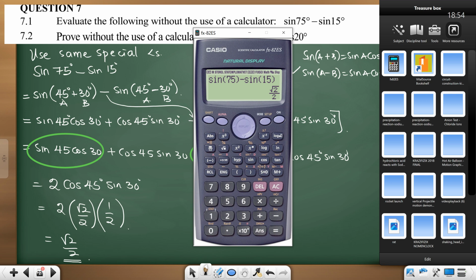Root 2 over 2. And we did not use a calculator. Anytime you see without the use of a calculator, special angles must play a big role at the back of your mind. Please give me a response.